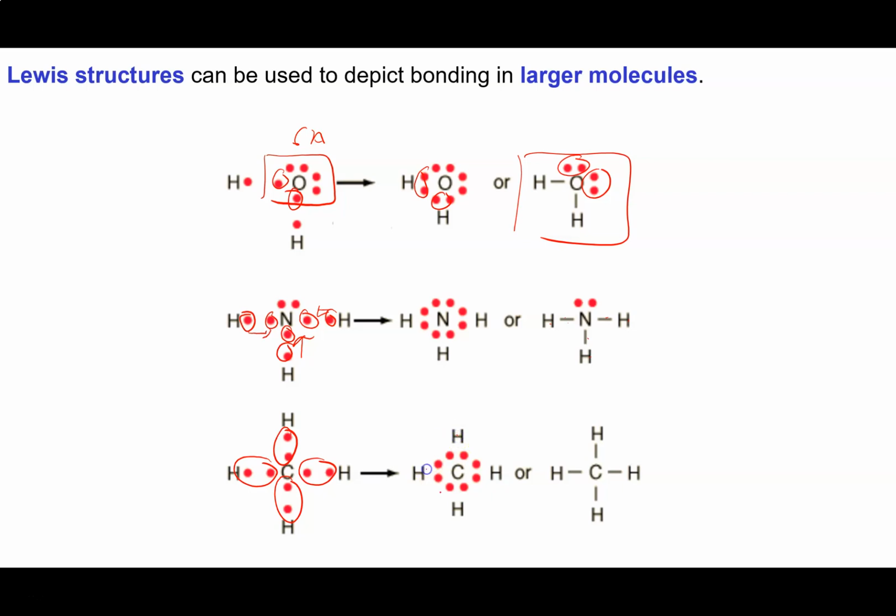So every hydrogen here has a share of 2 electrons, and then the carbon in the middle, 1, 2, 3, 4, 5, 6, 7, 8. Now, we're going to replace the shared pair of electrons in each case with a line, just to make it simpler to see what's going on. And there we have what we call a methane molecule, CH4, carbon bonded to 4 hydrogens via single bonds with no lone pairs on the carbon.